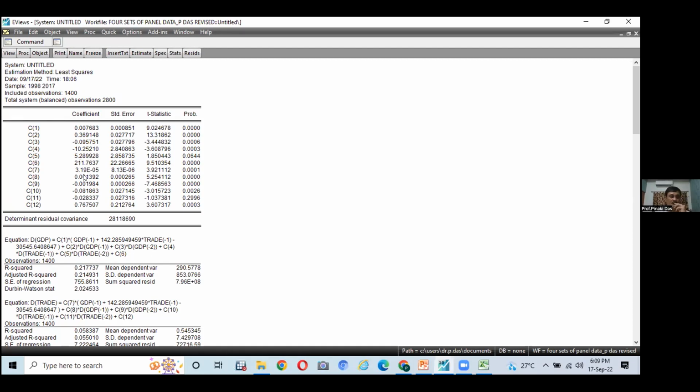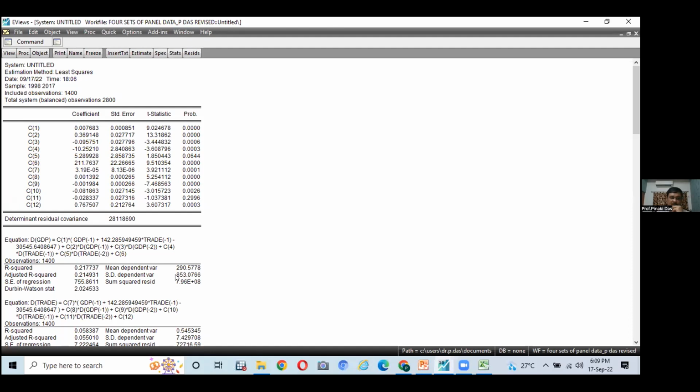Therefore, here we will find out the joint effect of these two consecutive periods to understand the short run causality running from trait to GDP. A particular statistic called the Wald test statistic helps us to get the joint effect of these two coefficients, C4 and C5.